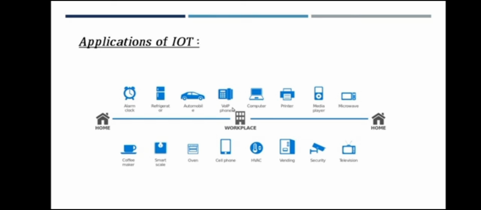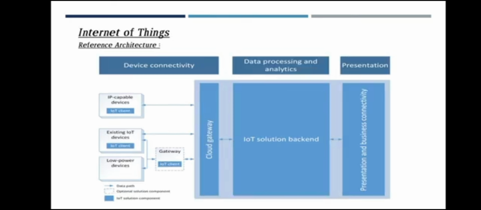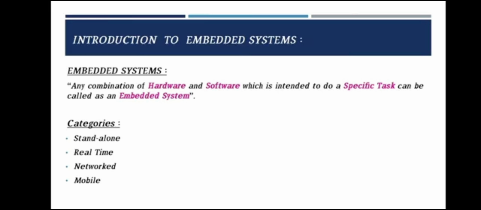Applications of IoT. From home to workplace, we are using many applications of IoT. Like we use IoT in alarm clock, refrigerator, automobile, VoIP phone, computer, printer, media player, microwave, coffee maker, smart scale, oven, cell phone, vending, security, televisions to control these appliances.